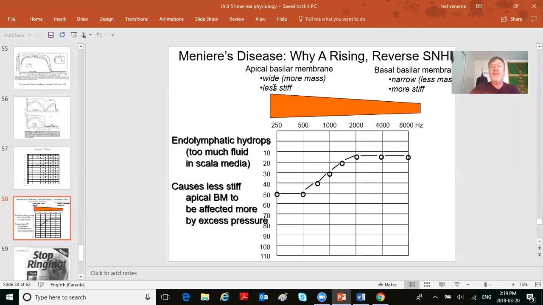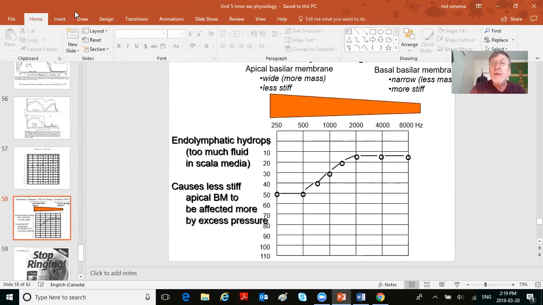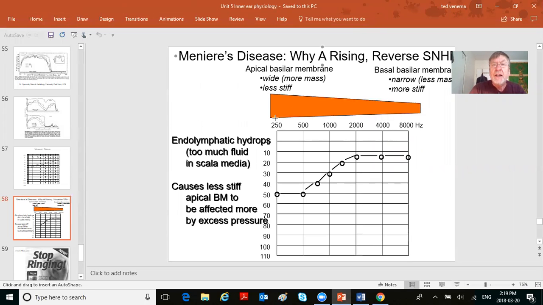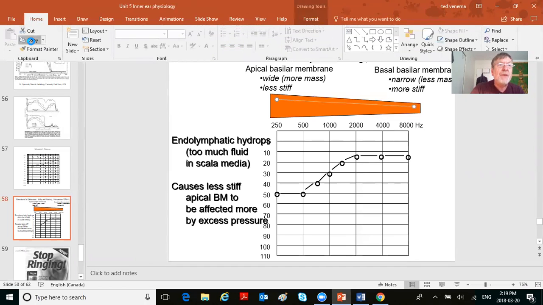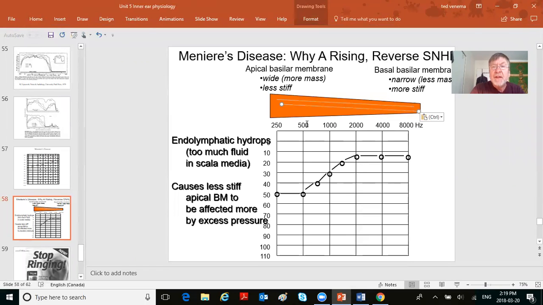Now, I'm actually going to try and draw on here to help make it make more sense, okay? I'm going to take a line, and I'm going to say you've got one row of outer hair cells all along here. Then I'm going to copy and paste, and you're going to have 3 rows here.